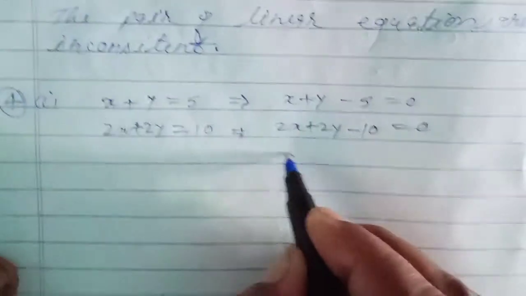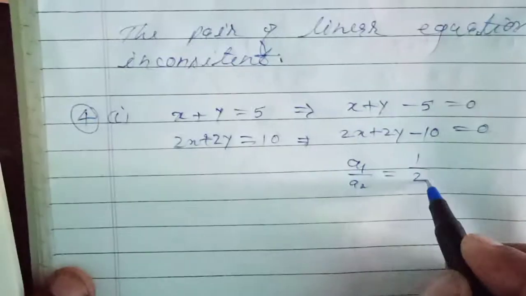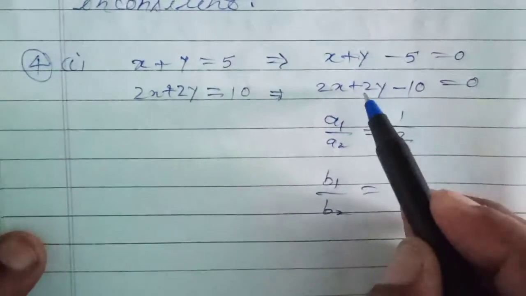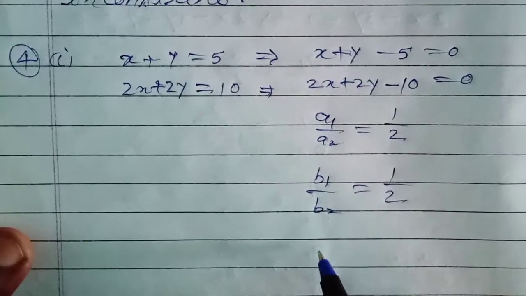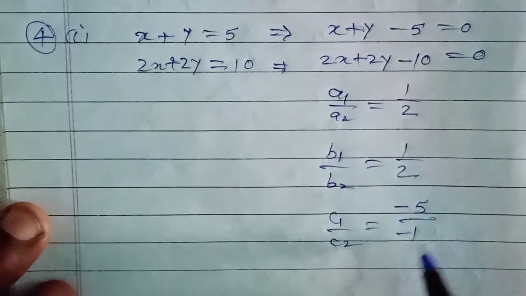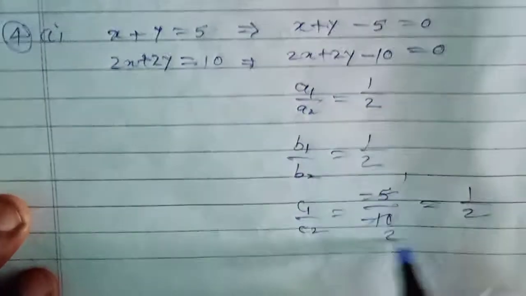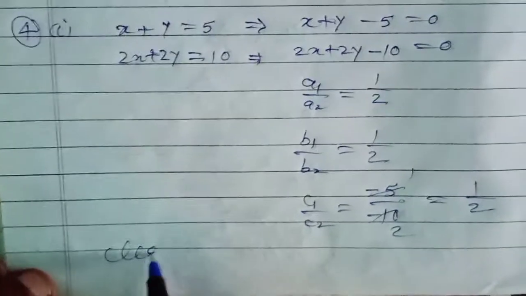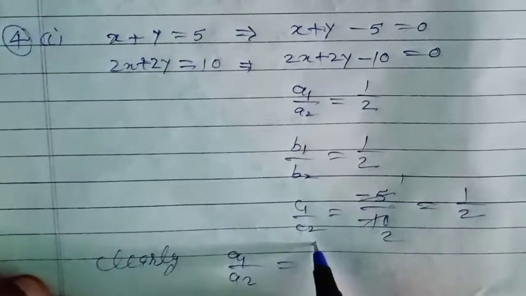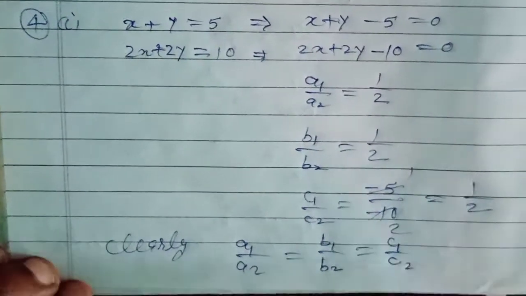So a1 by a2 is equal to 1 by 2. b1 by b2 is equal to 1 by 2. c1 by c2 is equal to minus 5 by minus 10 is equal to 1 by 2. 5 1s are 5, 5 2s are 10. Clearly a1 by a2 is equal to b1 by b2 is equal to c1 by c2.